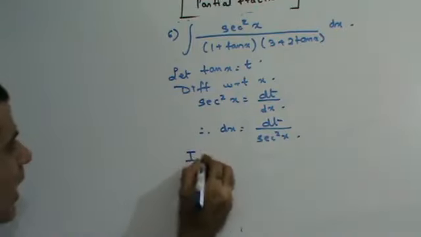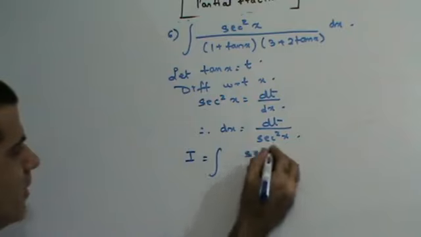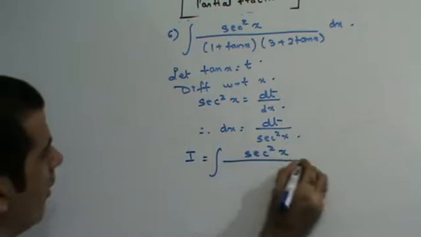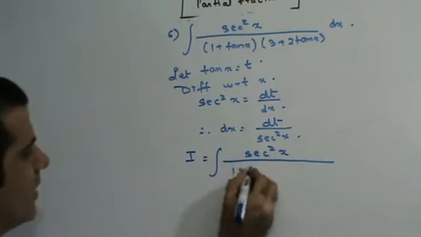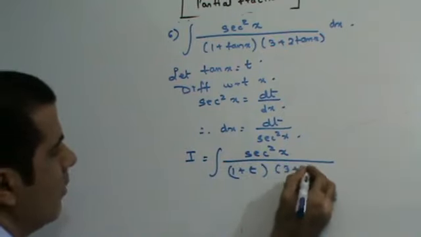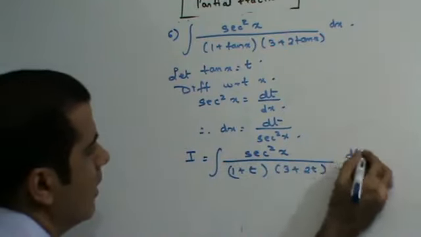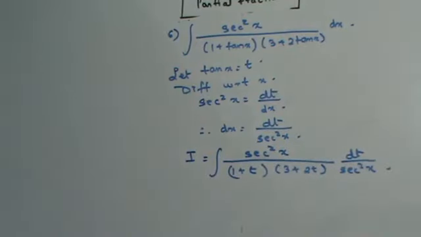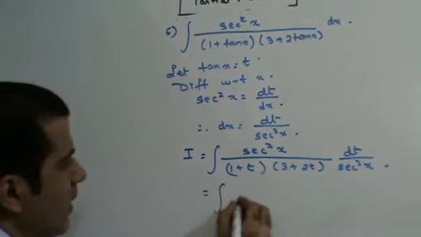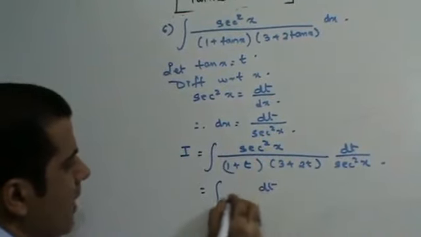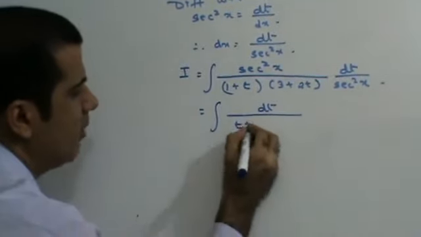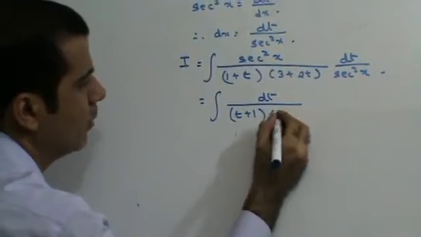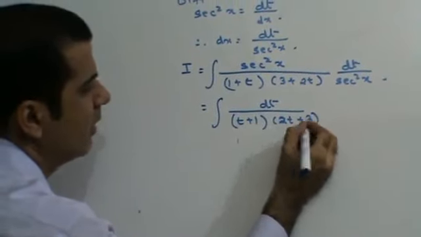I can say I is integral of sec square x upon (1 plus t)(3 plus 2t) dt upon sec square x, right? Sec square x gets cancelled. This can be written as integral of dt upon (t plus 1)(2t plus 3).